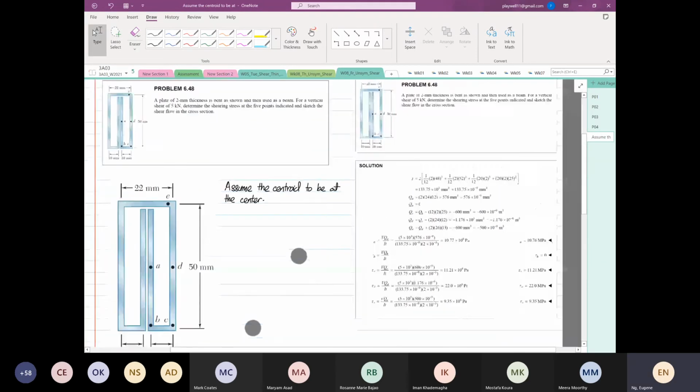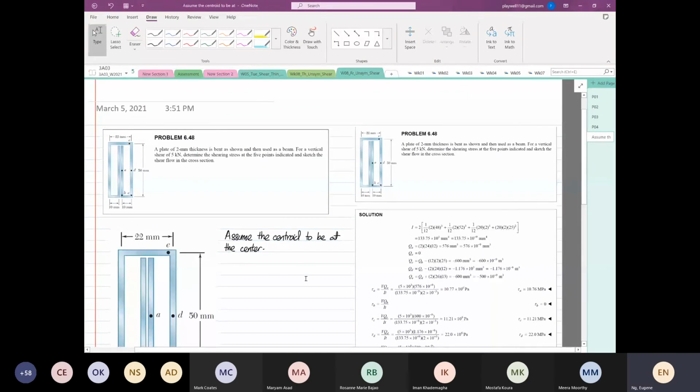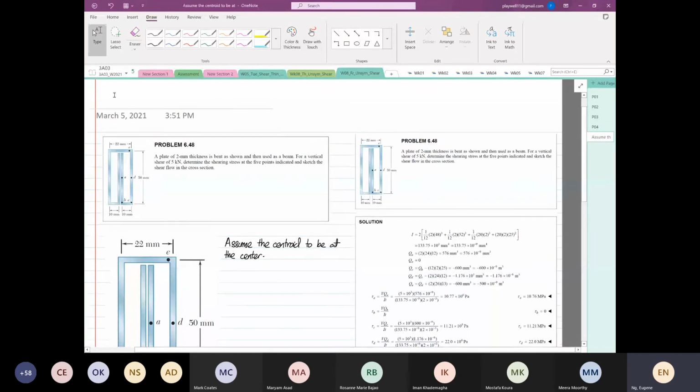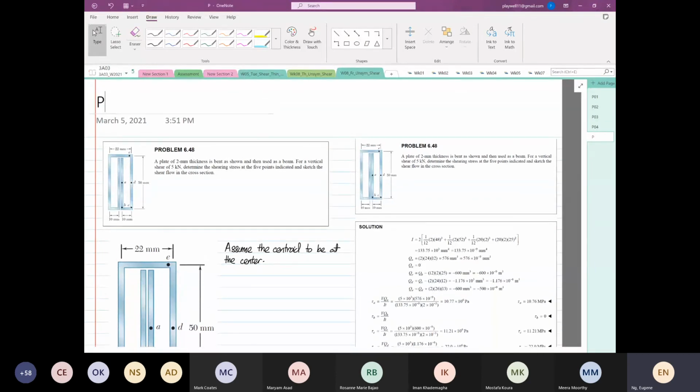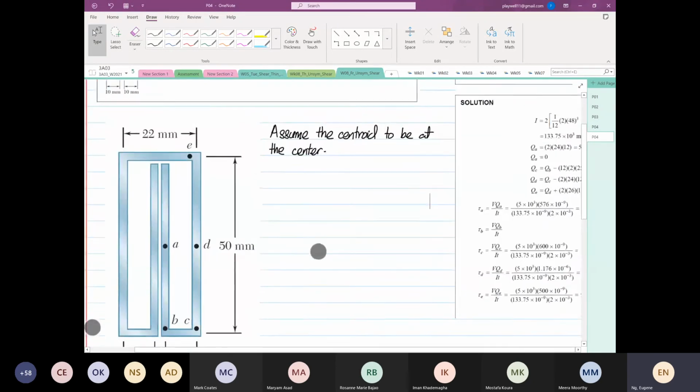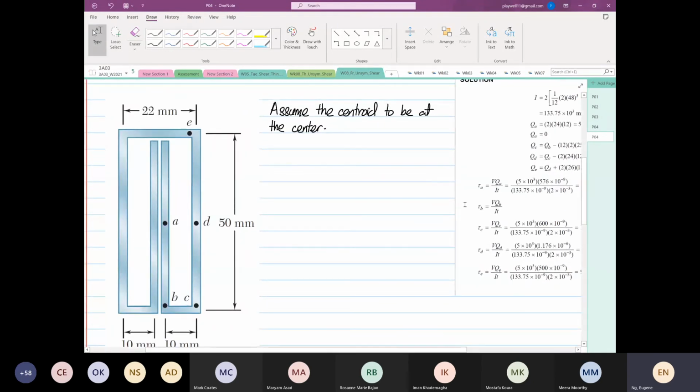I'm just going to assume that. So this is P04. Hold on. I'm making an assumption. I'm going to assume that this is where our centroid is, exactly at the center.